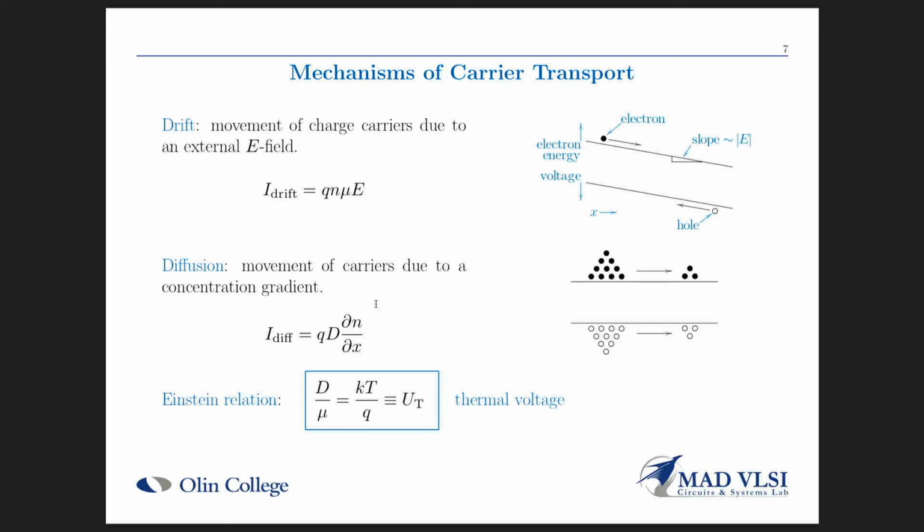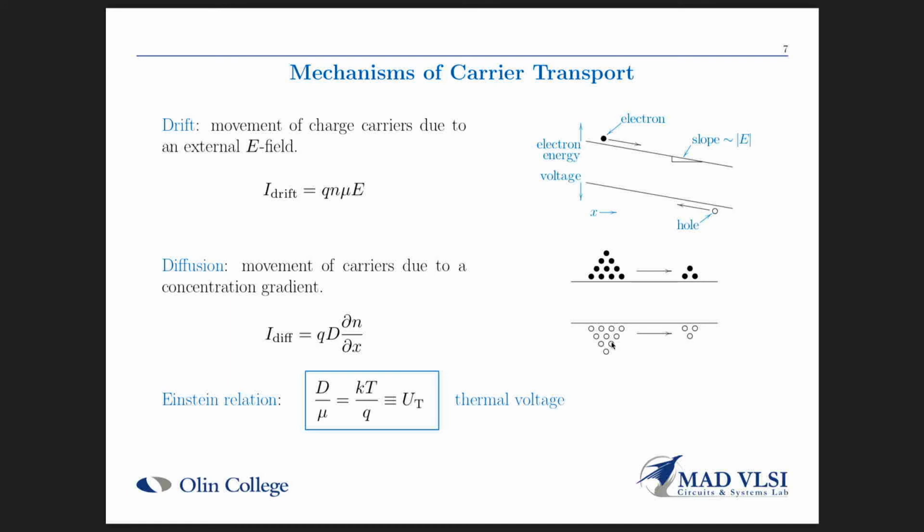If you like to think of it this way, from areas of high concentration to areas of low concentration, if half of these go left and half go right with no preference for which direction they go in, more of these are going to go this way than these went this way, so we're going to get a net flux of particles from areas of higher concentration to areas of lower concentration, just because there's more of them over here moving in this direction than there would be moving in this direction from over here.